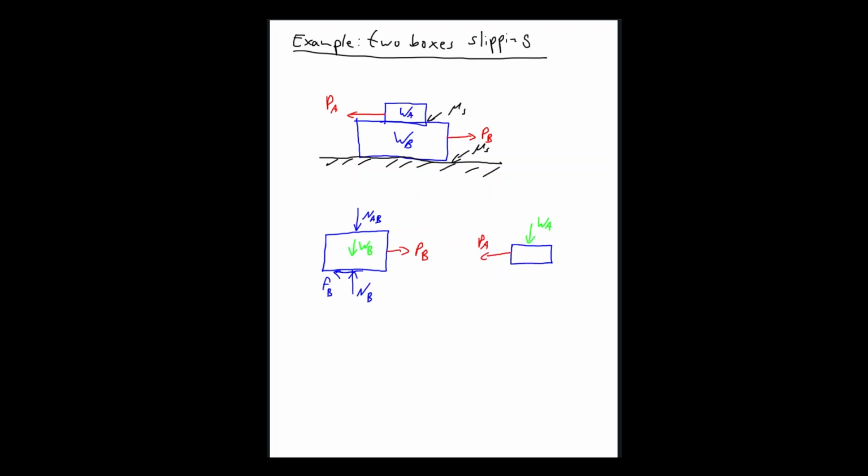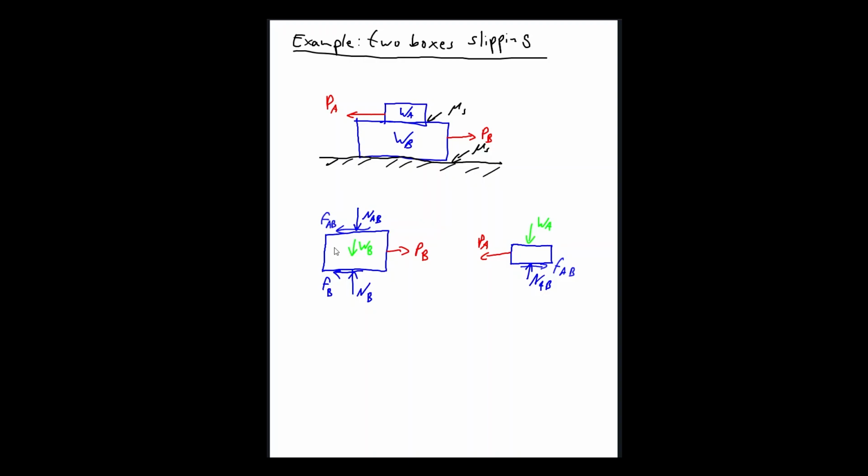Nothing on top, so the only other is of course NAB. And now this is maybe easier. We know that the small box is going to be sliding towards the left on the top box. That means here we'll have to act in this direction. That'd be my FAB. Of course, if it's acting to the right here, then it has to be the opposite direction there. So with that, we have all of our forces in place.